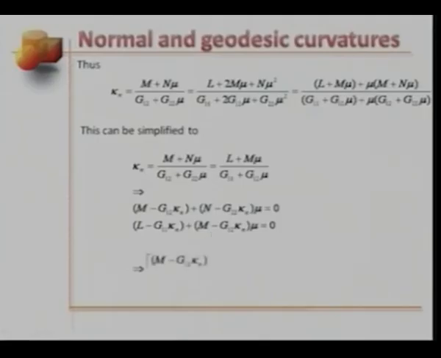In matrix form, I can write these two equations as m minus G12 times kappa n, n minus G22 times kappa n, L minus G11 times kappa n, m minus G12 times kappa n, these four elements form this 2 by 2 matrix, times the column vector containing 1 and mu, and this is equal to 0, column vector.